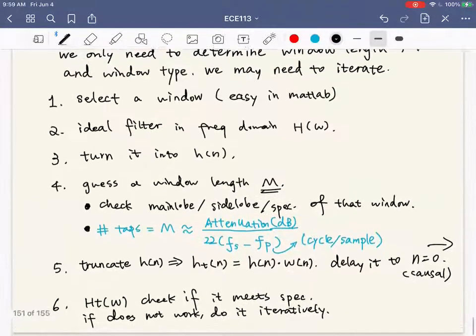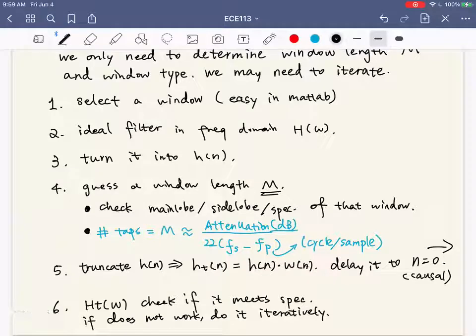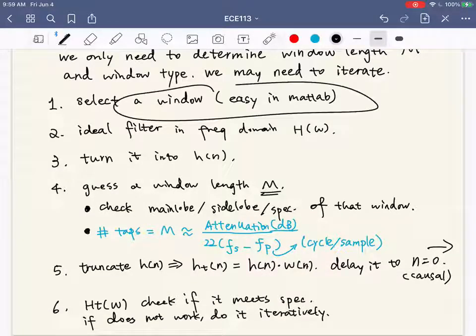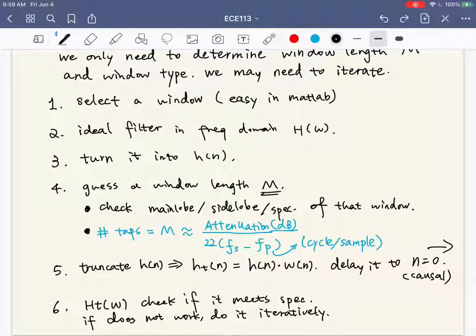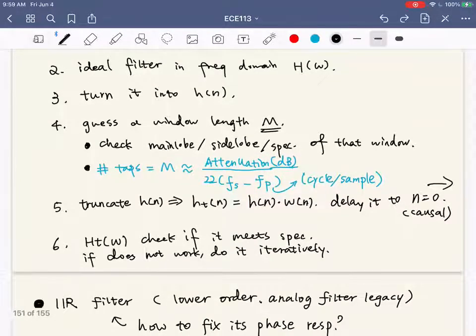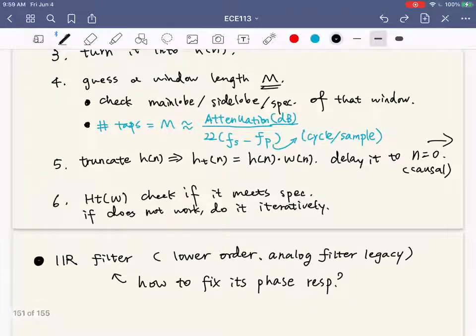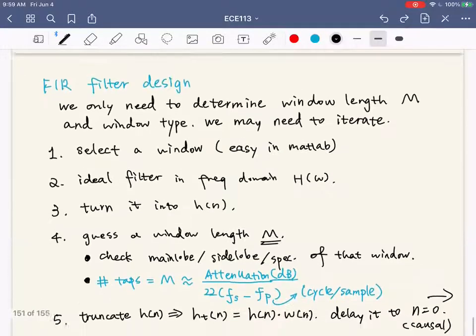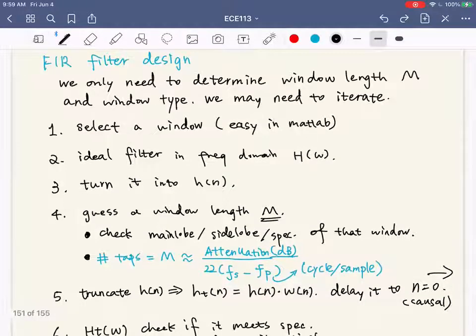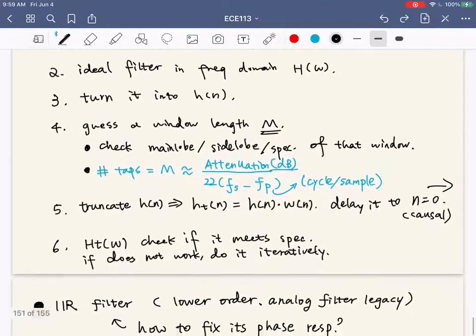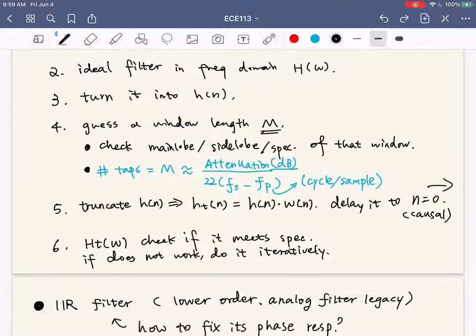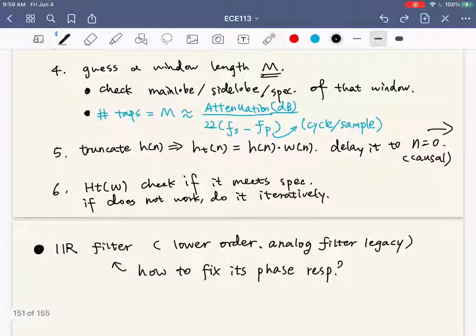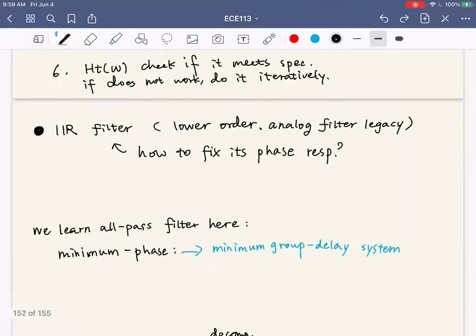What does it mean? It means we need to change the M a bit, or we need to change the window type, whatever. So this is trial and error, until you meet the specifications. Okay, so you'll see that FIR filter design is kind of an art, right? Handcrafted art. You need to try yourself and finally get your result. But this is the way to think about it.